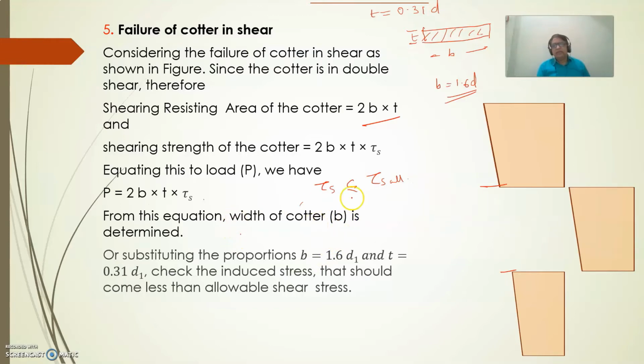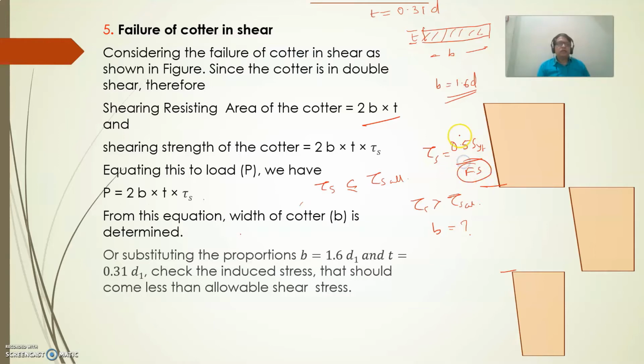Or else, if tau s comes more than tau s allowable, in that case we have to design B with this. So find B by taking the tau s value. How can we take the tau s value? As usual, it is 0.5 of SYT upon factor of safety.